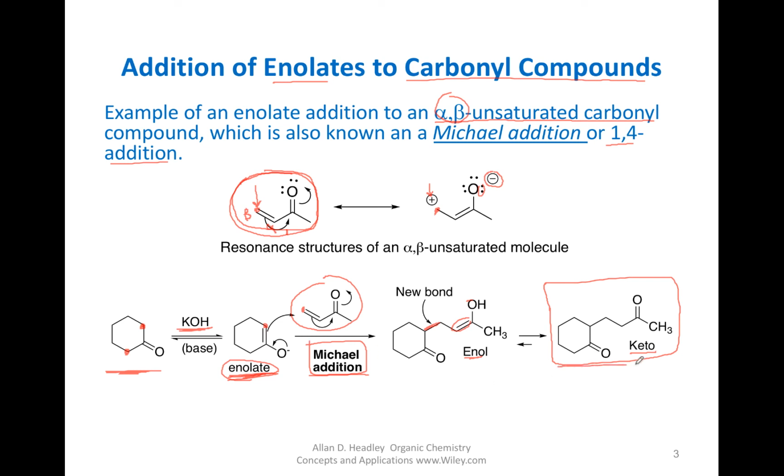Look at the product carefully and see if you can determine the component reactants. Here is the ketone, which gives the carbonyl, the enolate, and here is the portion that came from the alpha beta unsaturated carbonyl.